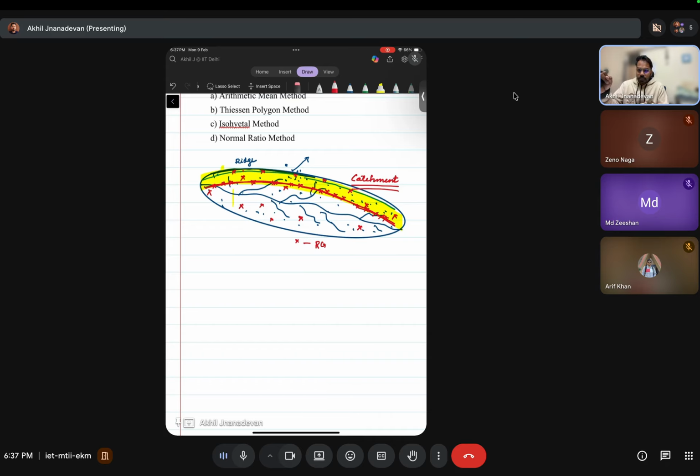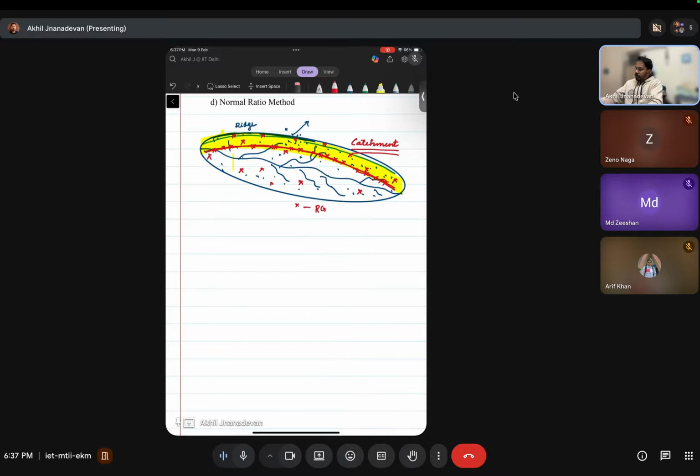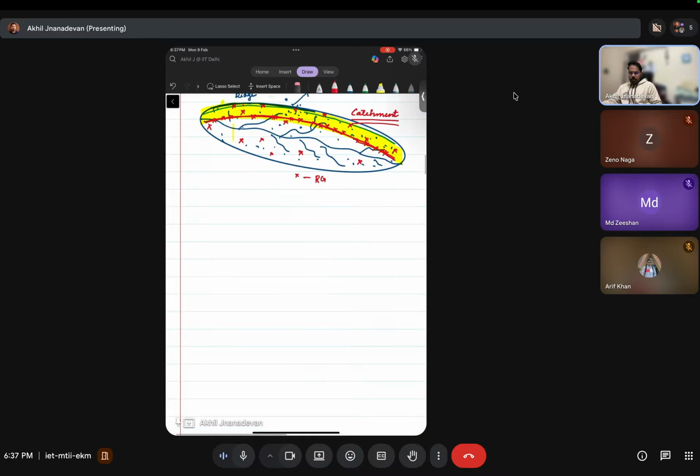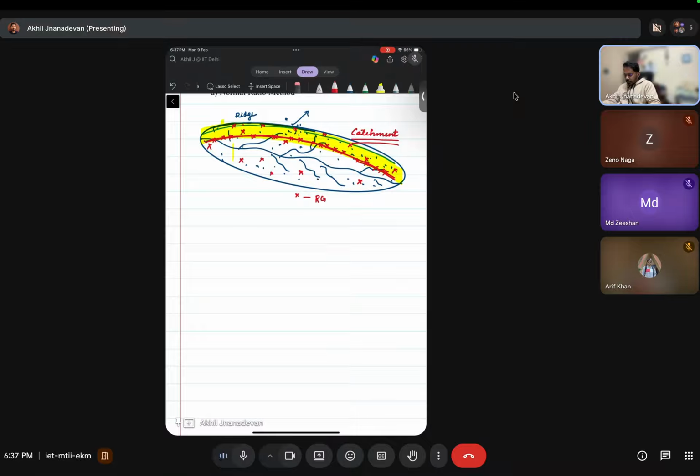So there this arithmetic average method fails. If you could see the drawback of this method, we won't be applying it to our Ganga basin, because it depends on the location of rain gauges, not on randomly placing these rain gauges, right?